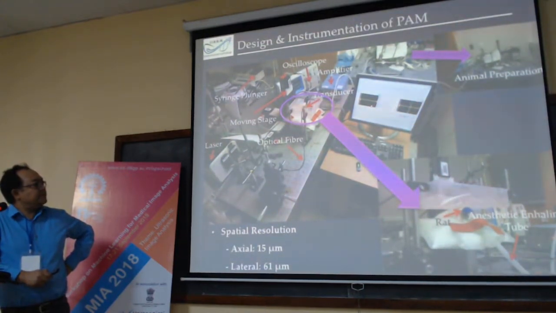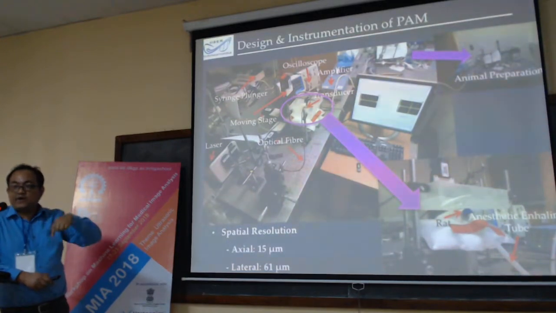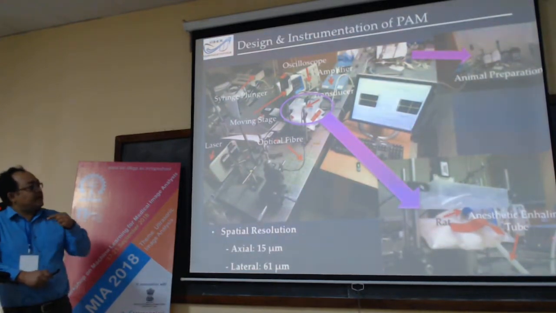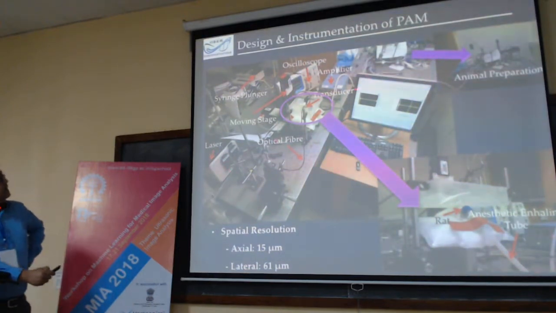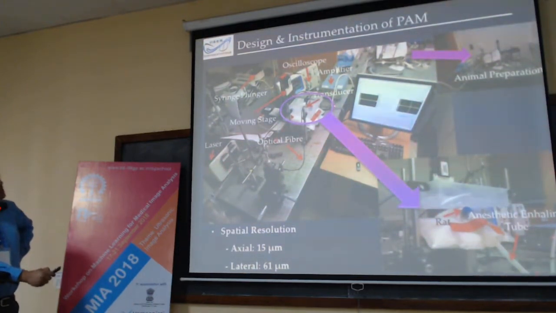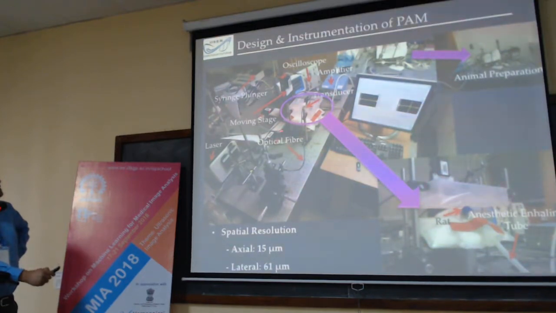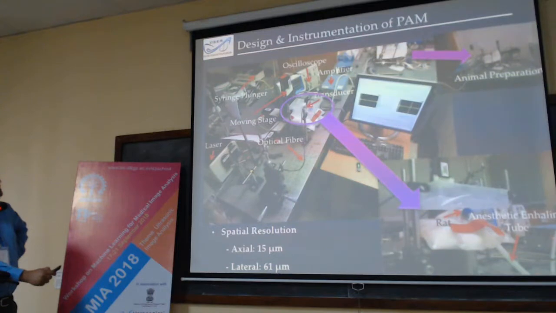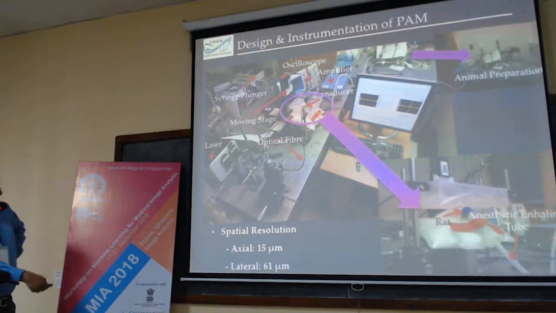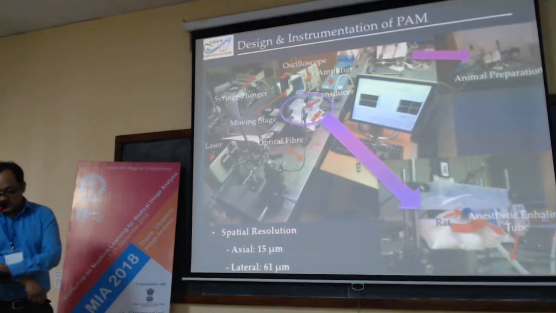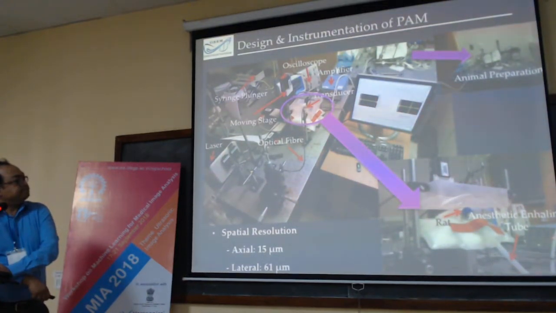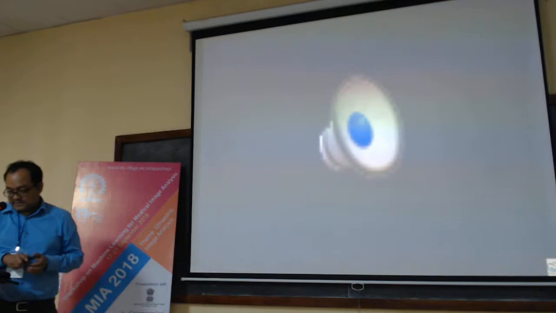I do the scanning back and forth, one for one direction and another for the other direction. This is the laser, and this is the oscilloscope. This is the amplifier. This is the motion control stepper motor, then this is the sample. I think these are the optical systems that we use.